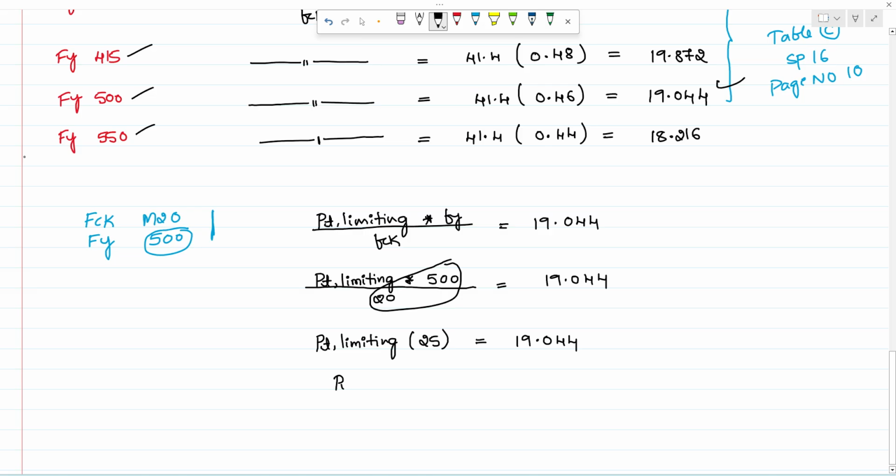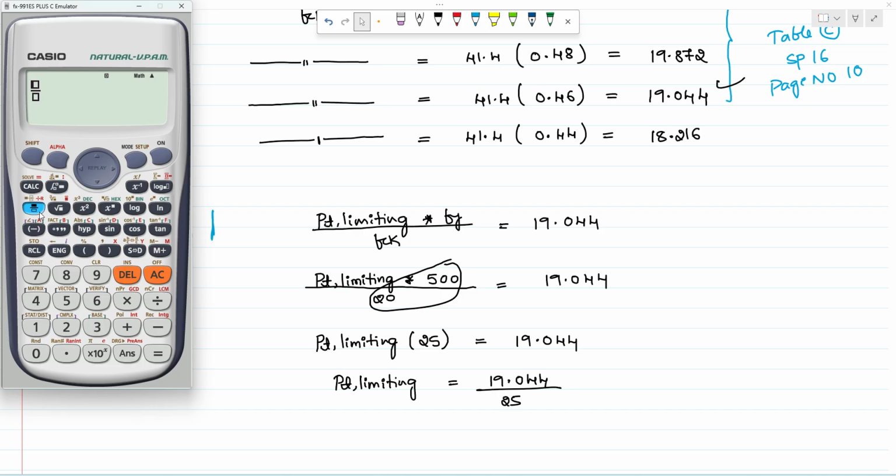So here limiting percentage of steel is equal to 19.044 divided by 25. So let me solve this. 19.044 divided by 25. So it will be 0.76.